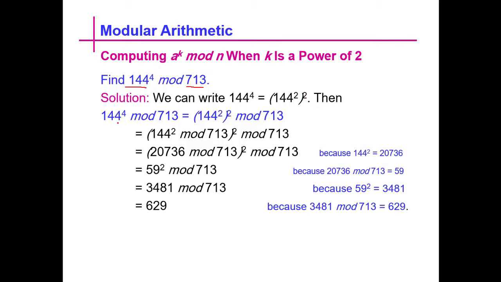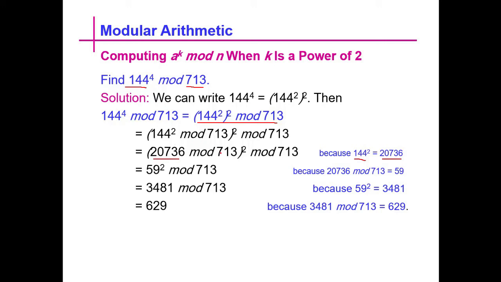Then this is equivalent to (144 squared mod 713) squared mod 713, and 144 squared is 20,736, which can be calculated.